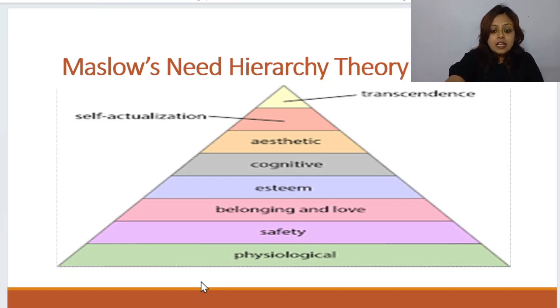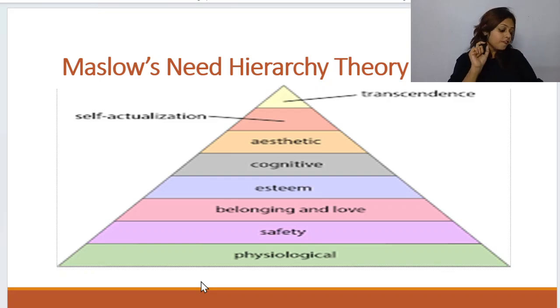Now the last need, which is the highest order need, lies above the self-actualization need, and is known as the transcendence need. Now, what is this transcendence need?